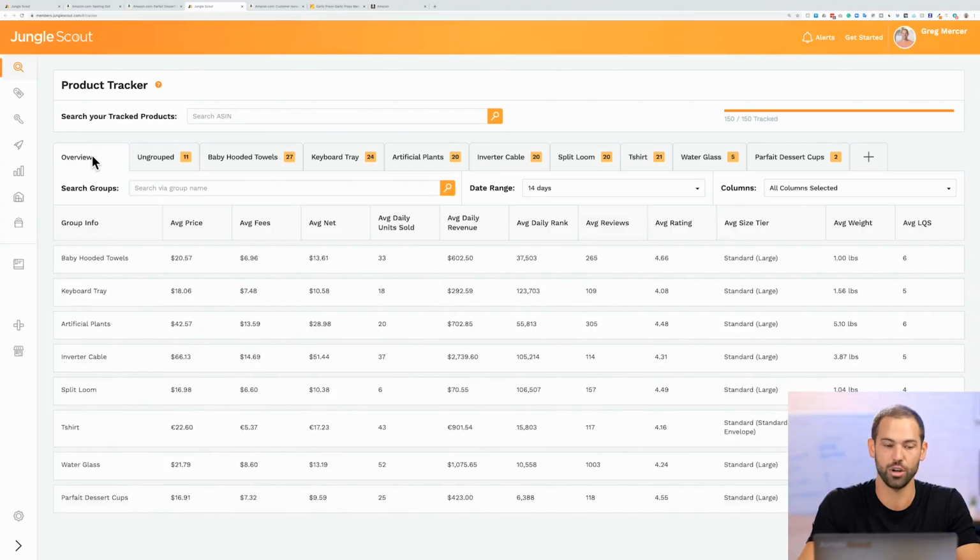But the easiest way now is to just keep these inside of the product tracker, because it's a really good way to not only remember and organize the different product ideas you come up with, but it also has this ability right here in the overview tab to have one view where you can compare all these different product ideas, all right? So this is how I go about saving the different product ideas that I am coming up with.